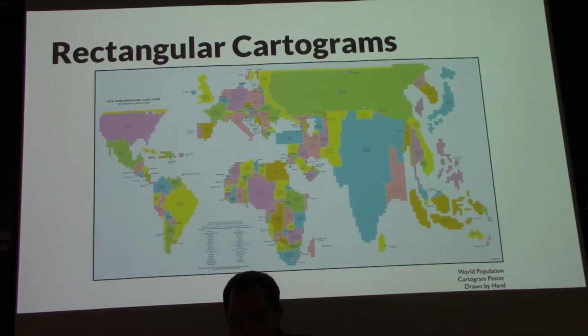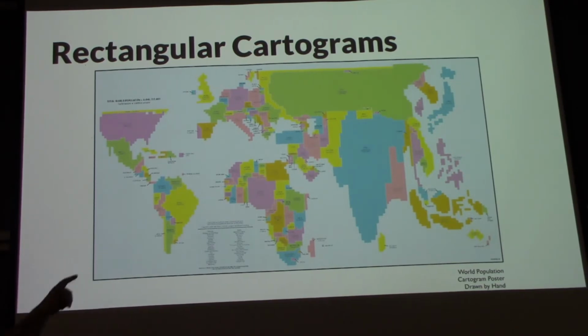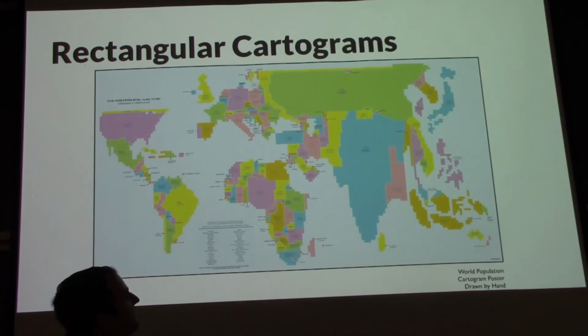Here is a recent world population map. Interesting to see here is Canada is only a sliver along the border, which also makes sense from where people live in Canada. And the same, Russia is only a sliver on top of China here.